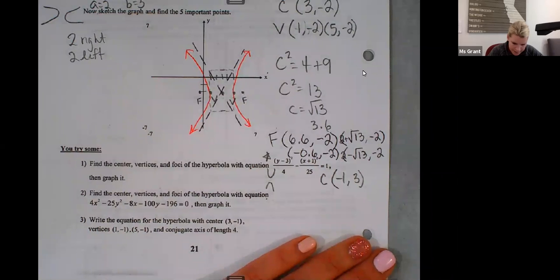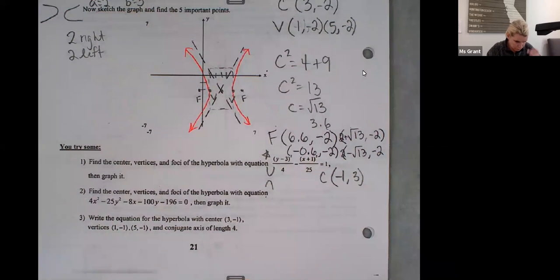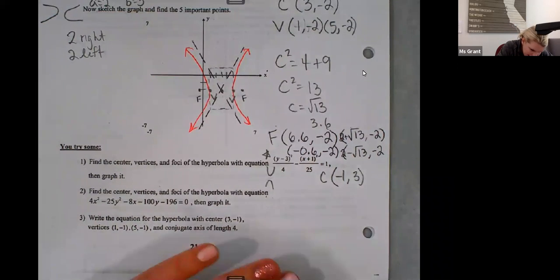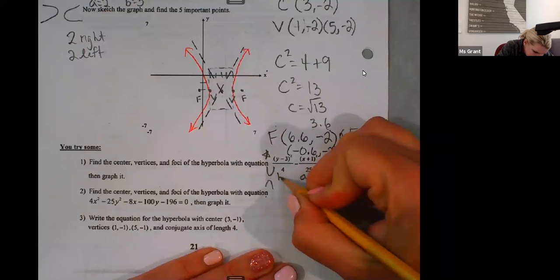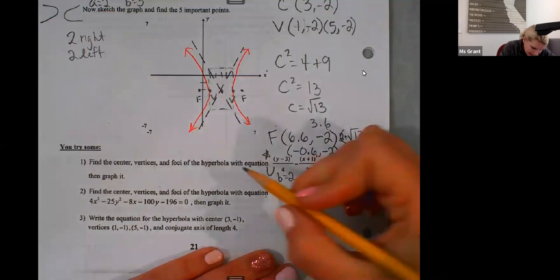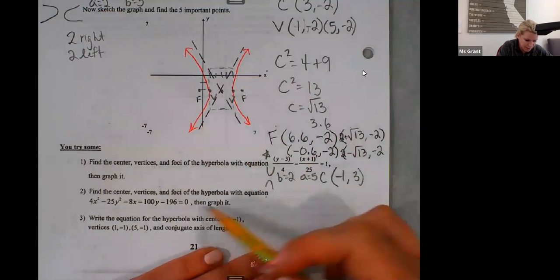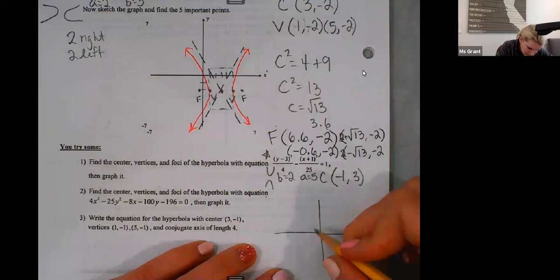And then my vertices, I'd have to draw like a quick little sketch, right? So if A is 5 and B is 2, yeah? And I'm basically going to have, I'll use this space on here. I'm going to do number 2 and 3 on a separate sheet of paper. Center is -1, 3.